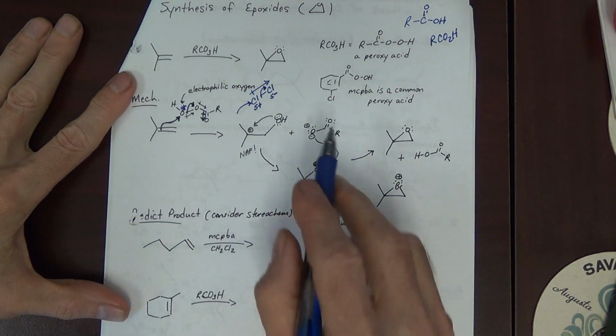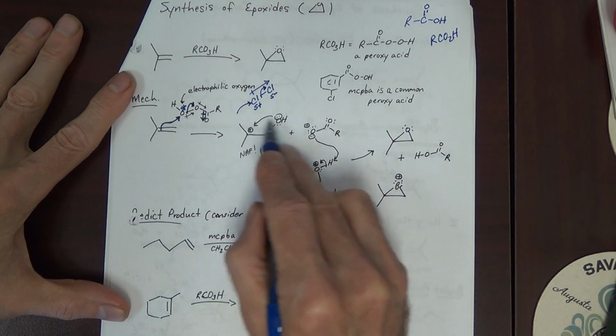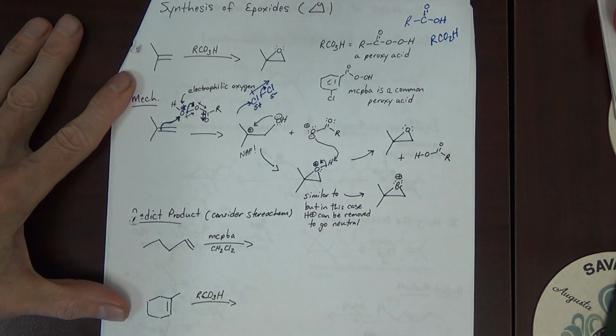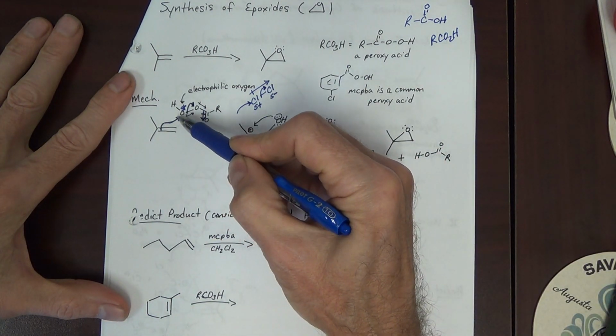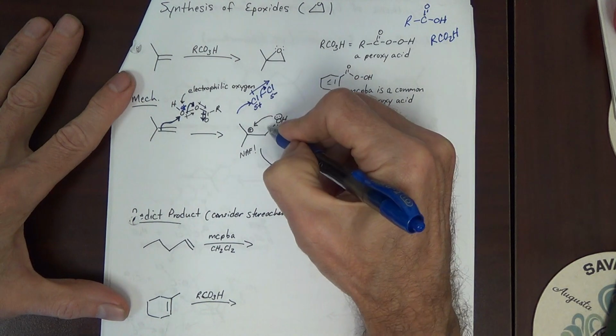This electron movement gives this intermediate here. This carbon is making a bond to oxygen. There it is, that's the bond we just made.